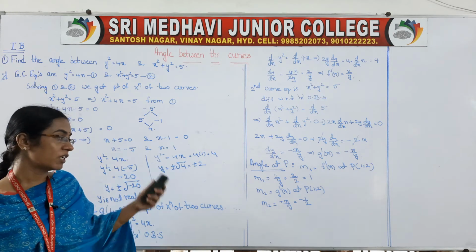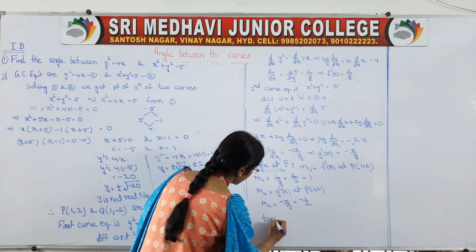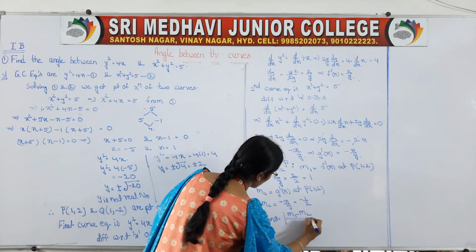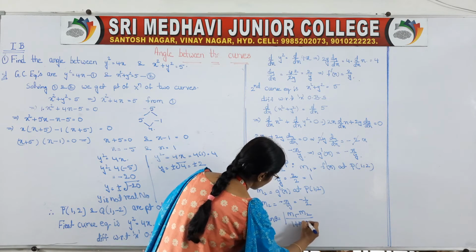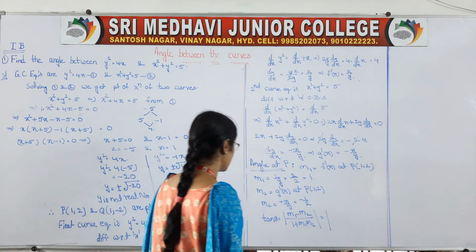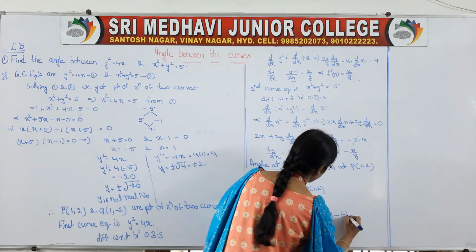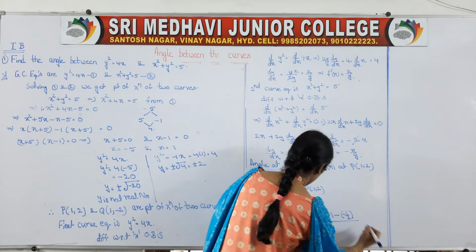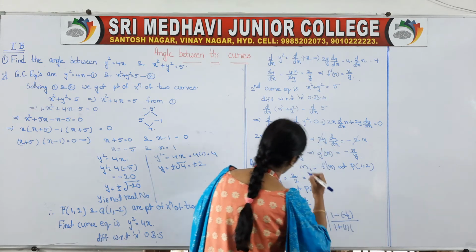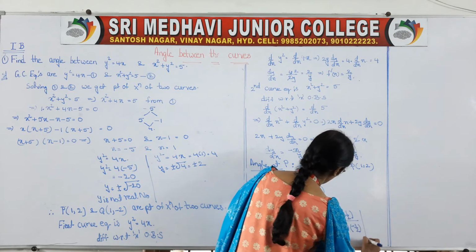Once we got M1, M2, we can take our angle. So tan theta is equal to modulus of M1 minus M2 by 1 plus M1 M2. So is equal to modulus of M1 is 1 minus of minus 1 by 2, by 1 plus M1 is 1 and M2 is minus 1 by 2.